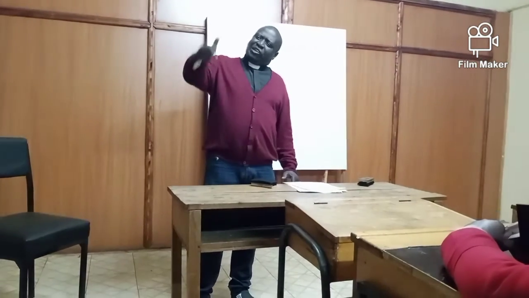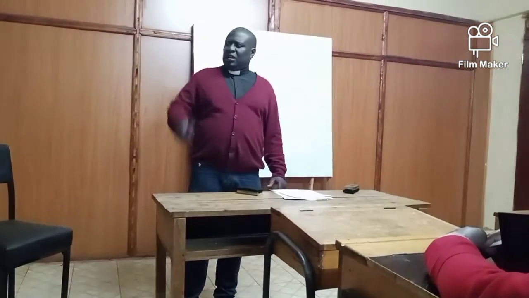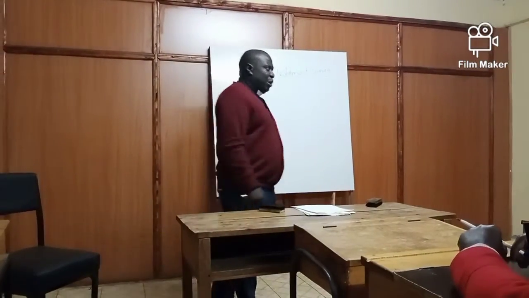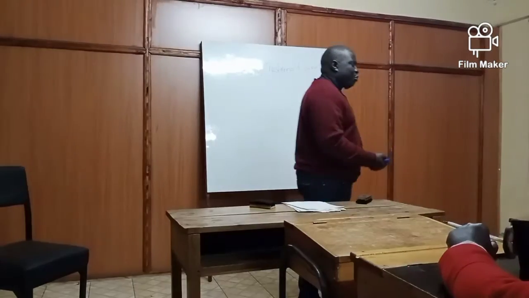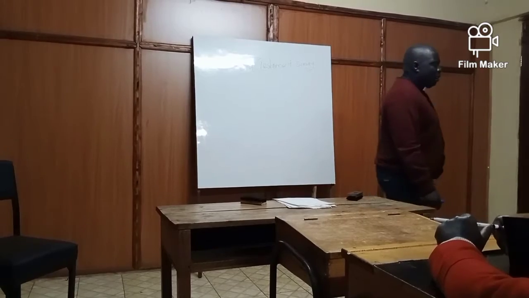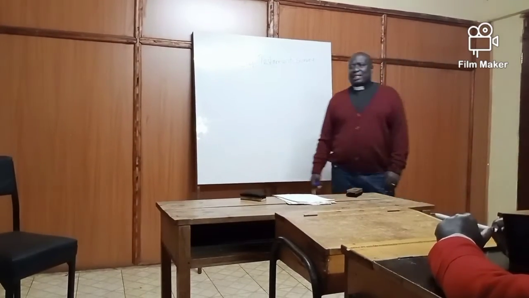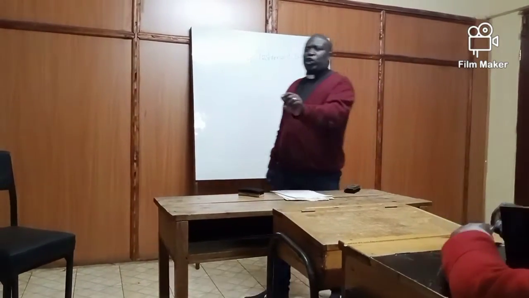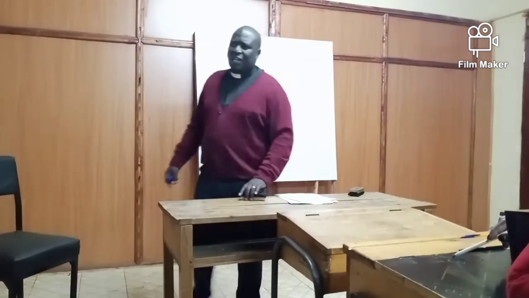And we are going to look at the divided monarchy. The divided monarchy was after the death of Solomon. There was somebody by the name of Rehoboam and Jeroboam. And we will look at the factors that led to the division of the monarchy.